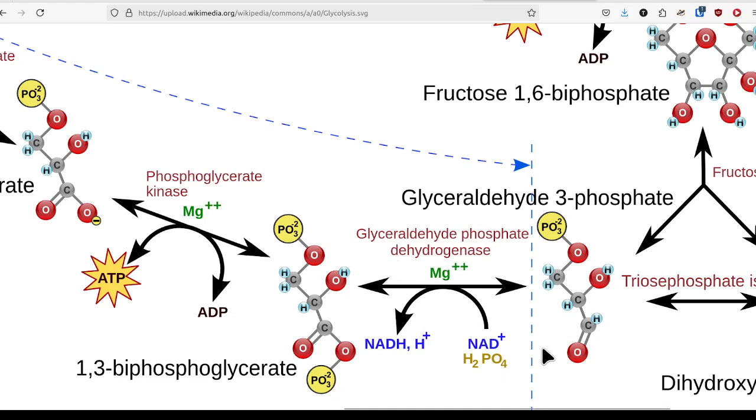Glyceraldehyde phosphate dehydrogenase. Okay, let's take a look at it. This has 3 carbons, as we see, 3 oxygen. This now has 4 oxygen, 5 hydrogen, only 4 hydrogen, 1 phosphate, 2 phosphates. So we have 2 things going on here.